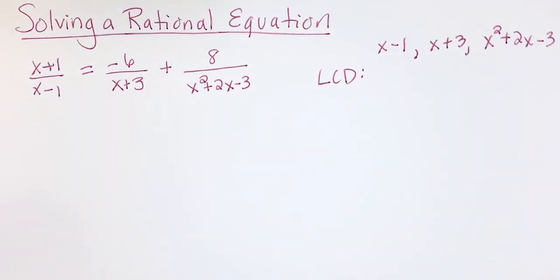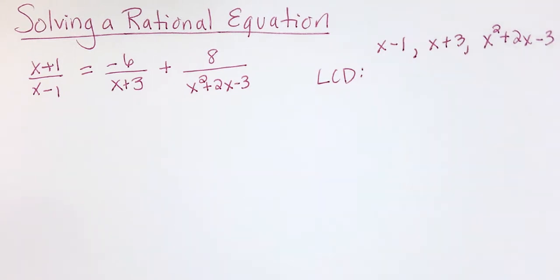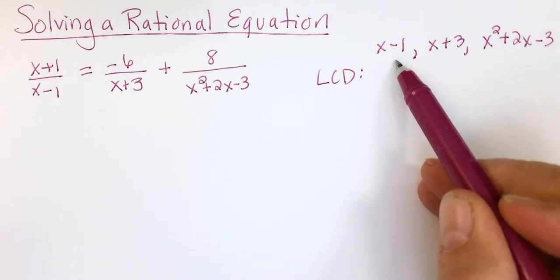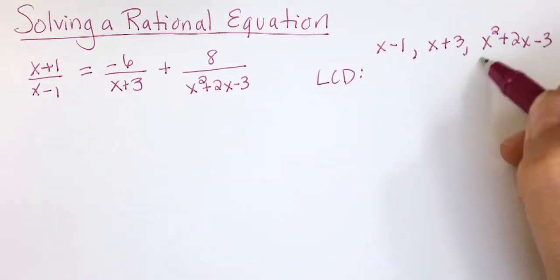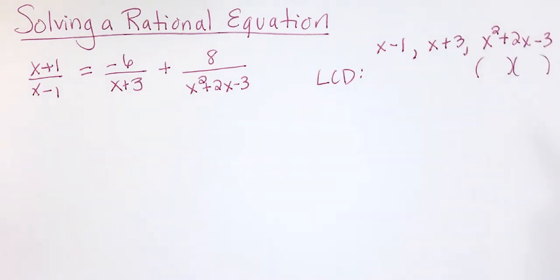Now we want to look at the denominators and make sure they're completely factored. So this one's completely factored, this one is also, this one is not. So how could we write this in factored form? So this one could be written as x in the front, and then what are the factors of -3 that give us 2?